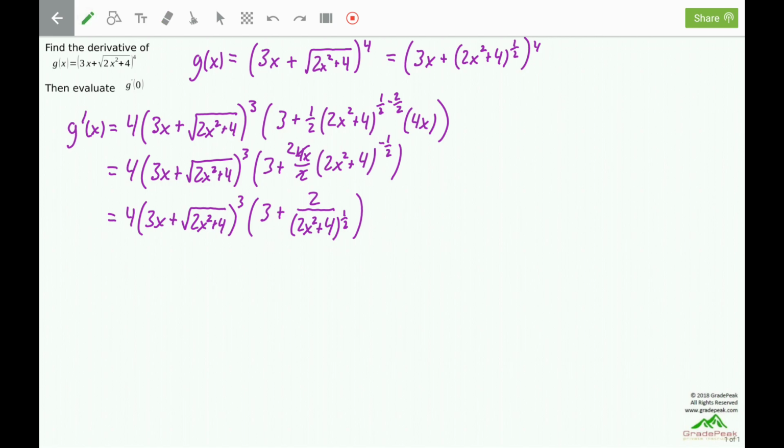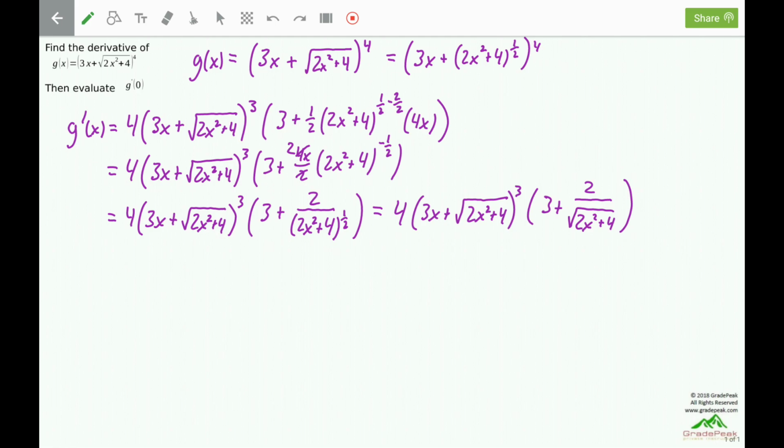Now 1/2 power means first power and then square root, so maybe we'll write it that way. So we have 4 times (3x plus the square root of 2x squared plus 4) quantity cubed, and all of this times (3 plus 2x divided by the square root of 2x squared plus 4). So there's our derivative g prime of x.